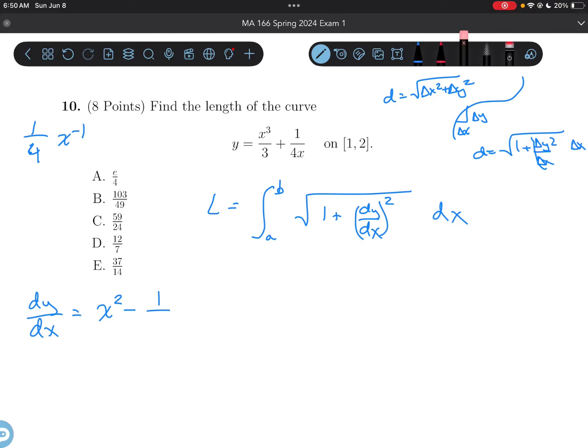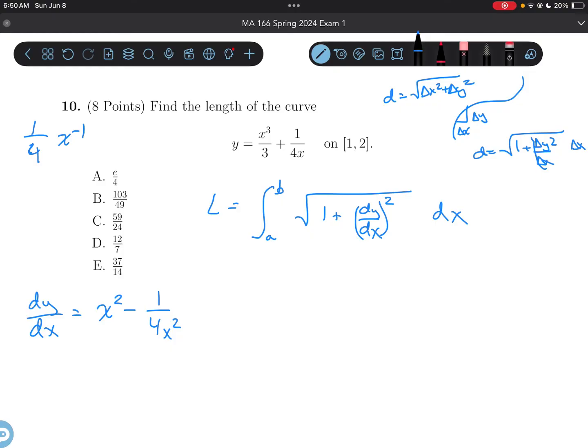It would be 1 over 4x squared, because we multiply the negative 1 out front and we reduce the power, so negative 1 becomes negative 2. That's how we get x squared minus 1 over 4x squared as our derivative.